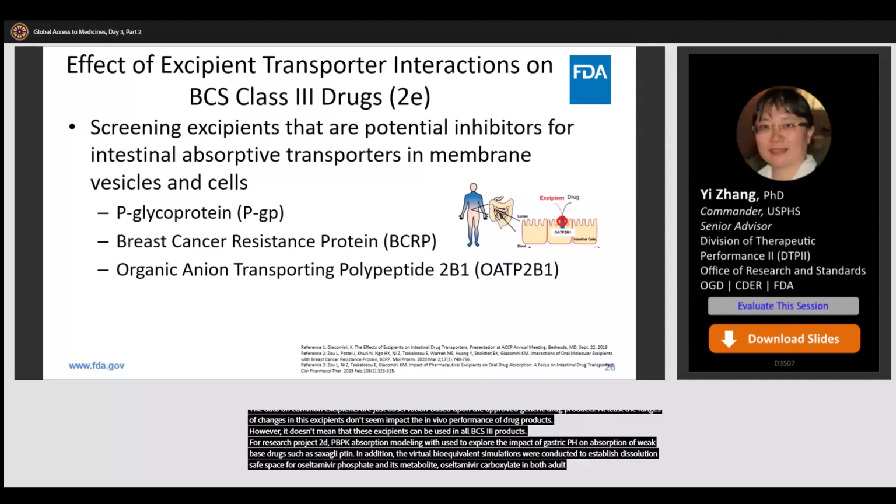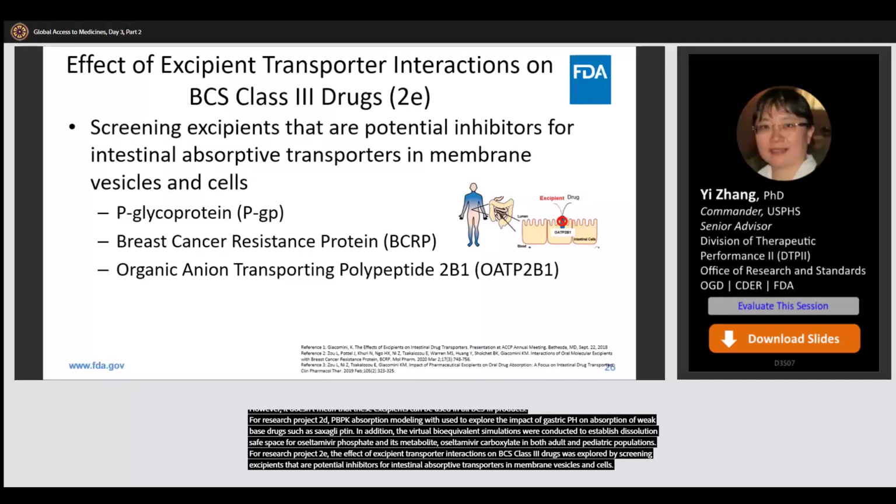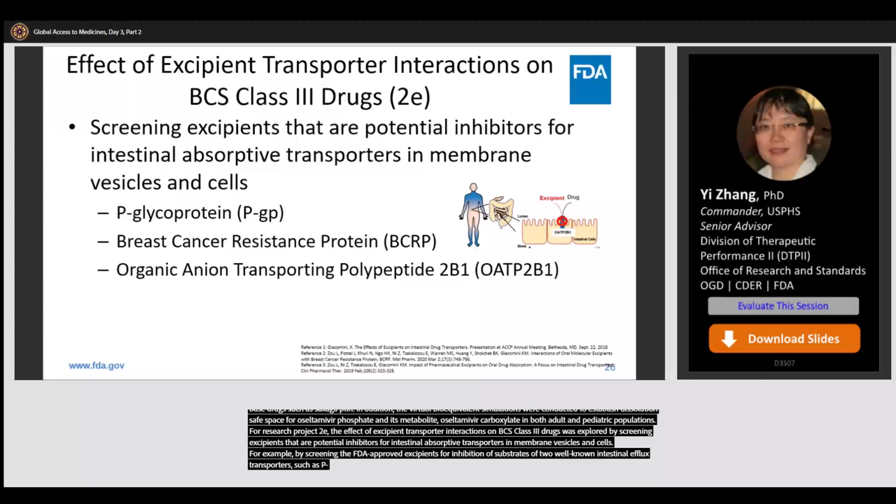For Research Project 2E, the effect of excipient transporter interactions on BCS Class 3 drugs was explored by screening excipients that are potential inhibitors for intestinal absorptive transporters in membrane vesicles and cells. For example, by screening the FDA-approved excipients for inhibition of probe substrates of two well-known intestinal efflux transporters, P-glycoprotein and breast cancer resistance protein, 26 inhibitors were identified, such as dye, surfactant, and flavor agent.